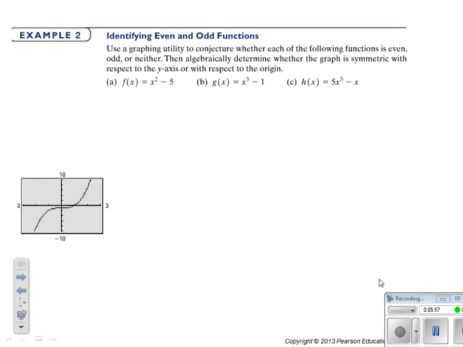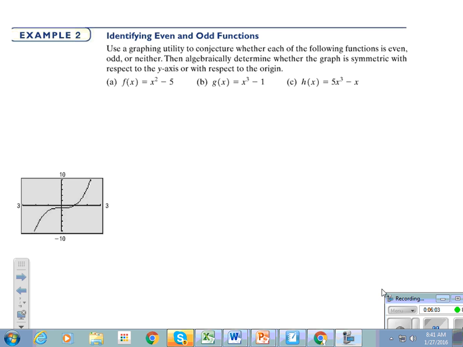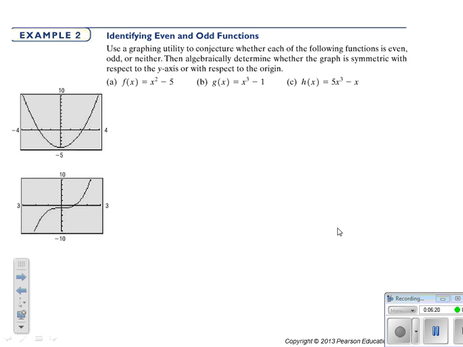All right, we're going to take 3 functions and determine whether they're odd, even, or neither. For the first one, we're going to do our even test. And this is a parabola, so I kind of already have a good idea how this is going to come out.